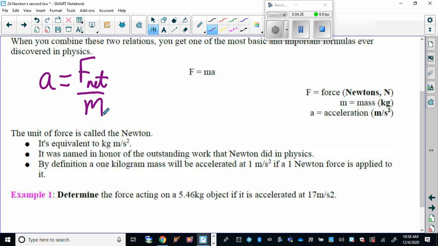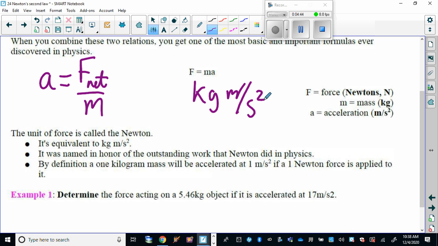Okay, they're obviously the exact same formula, and because this is such an important concept, and because Newton was such an important man, we decided that the units for mass are kilograms, and the units of acceleration are meters per second squared.